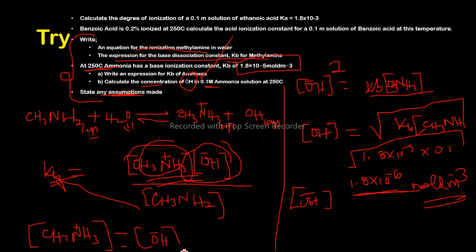This is the assumption that we've been making. From this assumption, you can see that's how we've gotten this, and then from this, we got the concentration of OH. So basically, that's how this question was simple, and that's how this question was interesting.